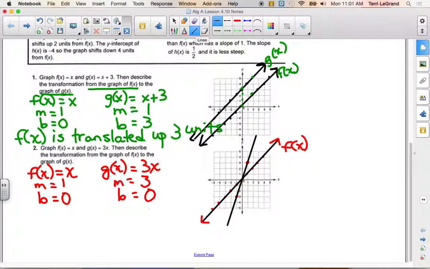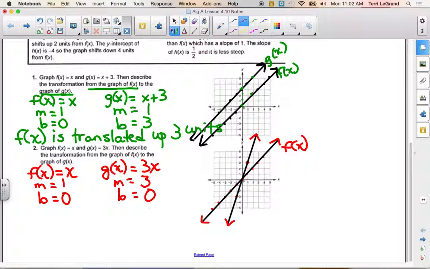So they're not quite parallel. Are they parallel this time? Are they perpendicular? No. Why aren't they perpendicular? Tell me why, because of something to do with their slope.